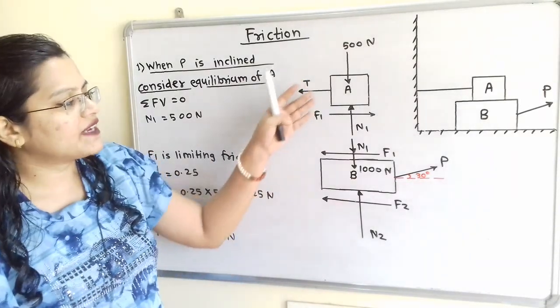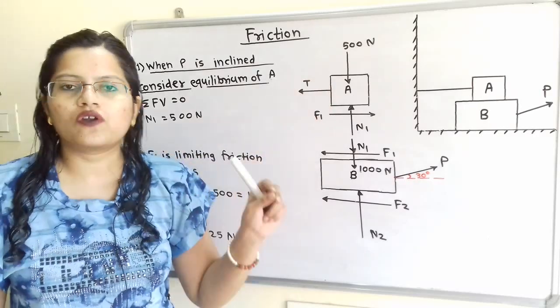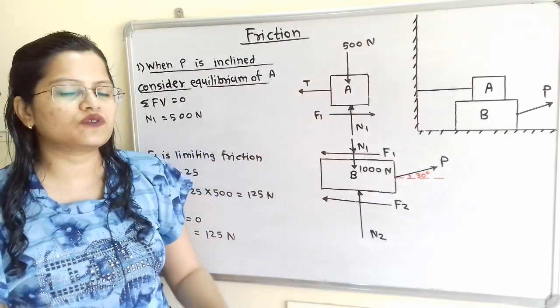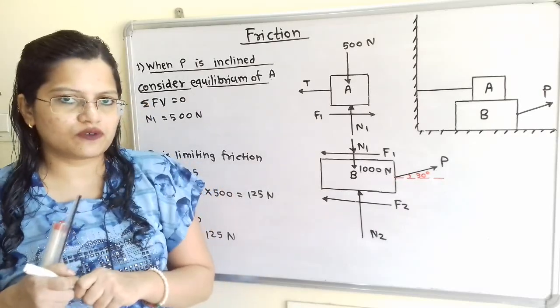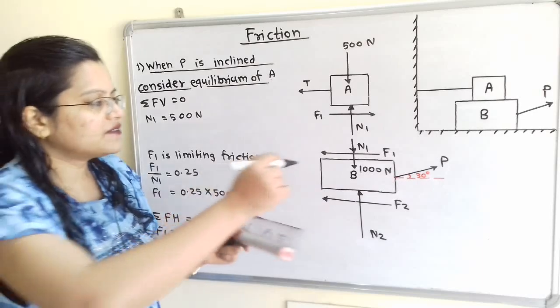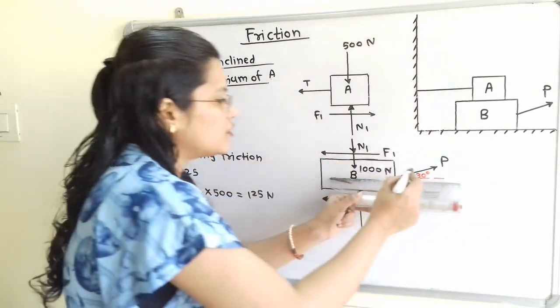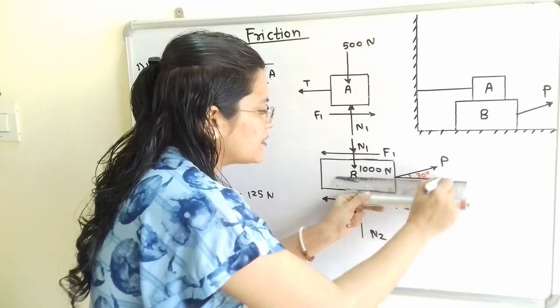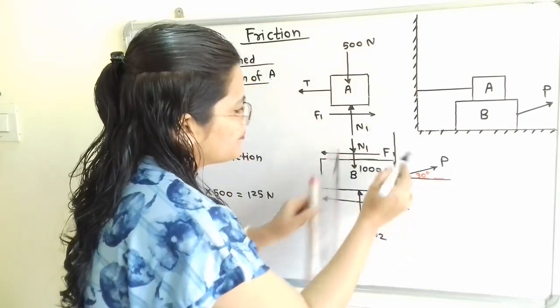When we take the equilibrium of block A or block B, we take summation of all horizontal forces equal to 0 and summation of all vertical forces equal to 0. For that, we have to resolve this inclined force P into a horizontal component as well as a vertical component. So we will show it here.